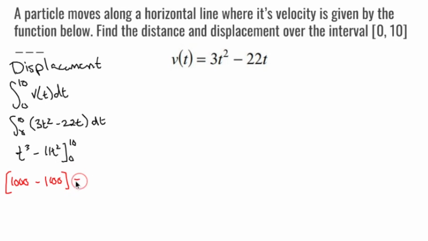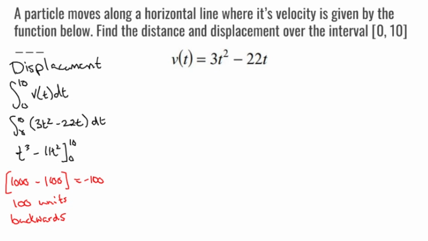So we end up with negative 100. Units? It doesn't say. So we'll say that our displacement is 100 units backwards. So this is not too different from any other regular problem we're used to seeing.